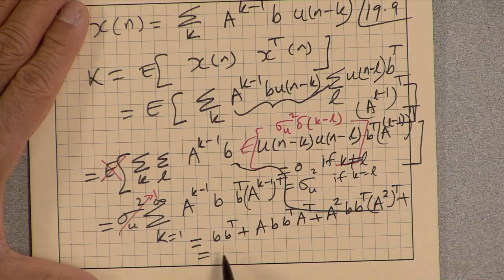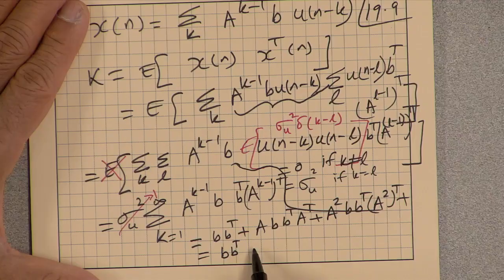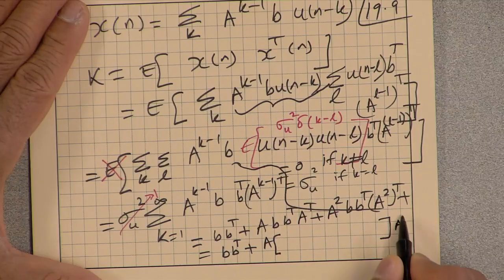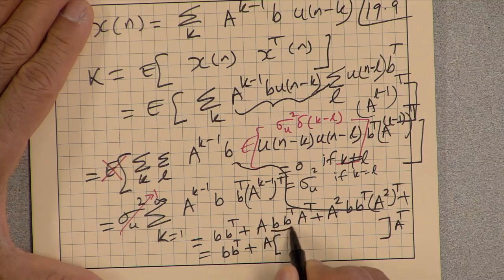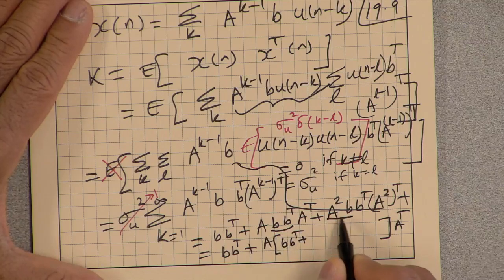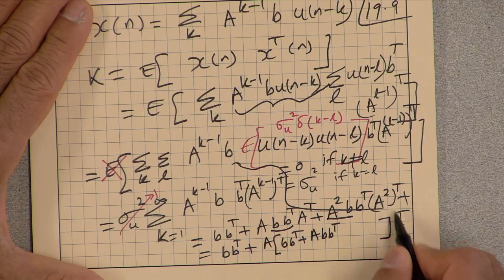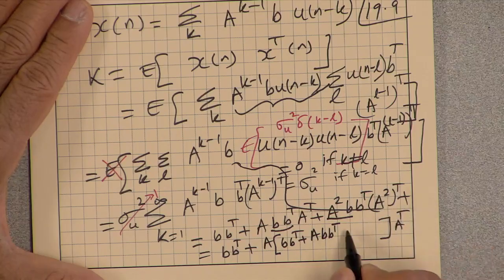And so if you think about this, I can write this as B B transpose plus A taken outside the bracket on the left side and A transpose taken outside the bracket on the right side. So the first term is B B transpose, and the next is A taken outside on the left, B B transpose, and A transpose taken outside on the right from A squared transpose.